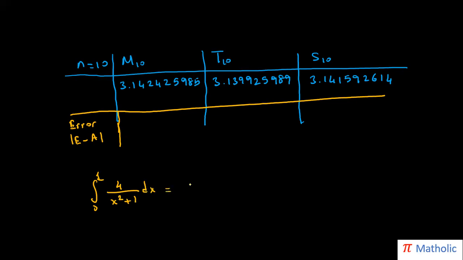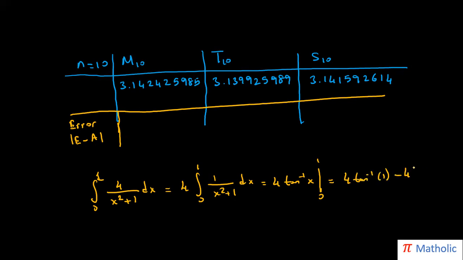This can be written as 4 times the integral from 0 to 1 of 1 over x squared plus 1 dx. This is 4 times tangent inverse of x, from 0 to 1. Then 4 tangent inverse 1 minus 4 tangent inverse 0. The answer is pi.